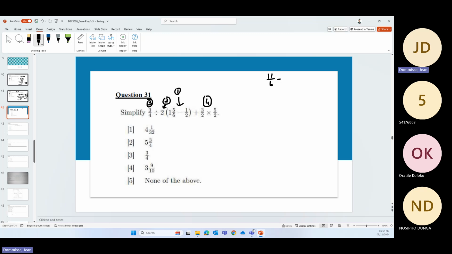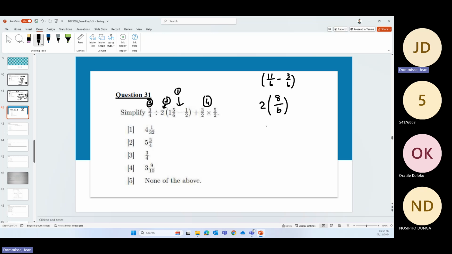To get from 2 to 6, we multiply by 3. So 1 times 3 is 3/6. Okay, so that bracket's a bit simplified. So now we can say 11/6 minus 3/6, 11 minus 3 is 8/6.